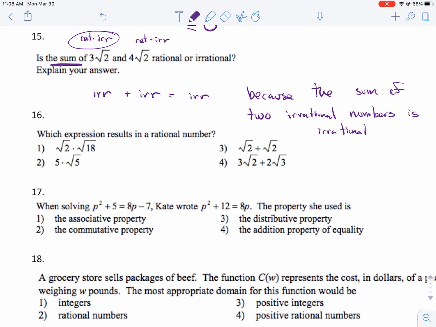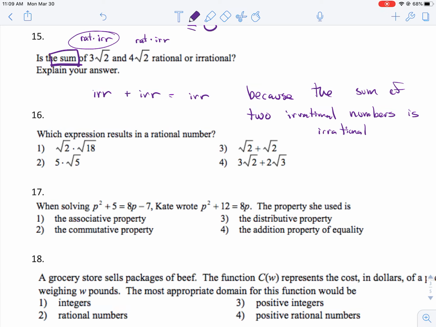It goes on, there's no pattern. So anytime you're adding two numbers like that, it's always going to be irrational. So the sum of two irrational numbers, that's the key part, the sum. When we're talking about sum, we're talking about adding.